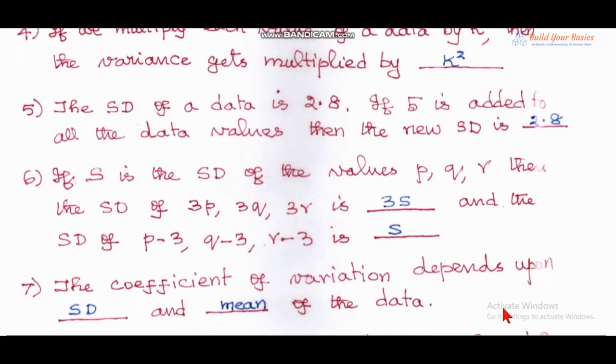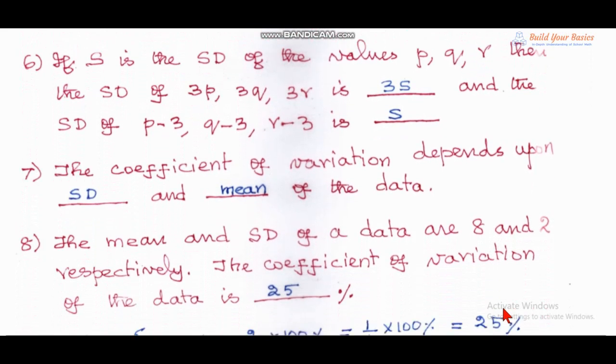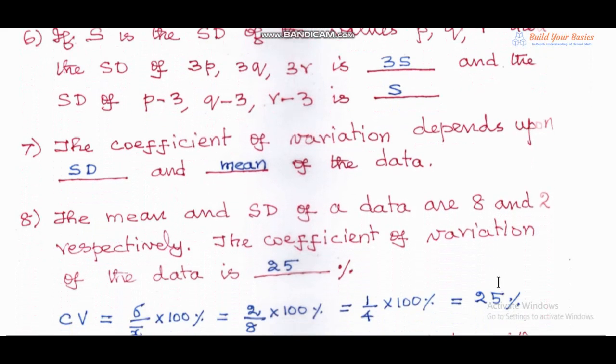The coefficient of variation depends upon standard deviation and mean of the data. Question number 8. The mean and standard deviation of a data are 8 and 2 respectively.